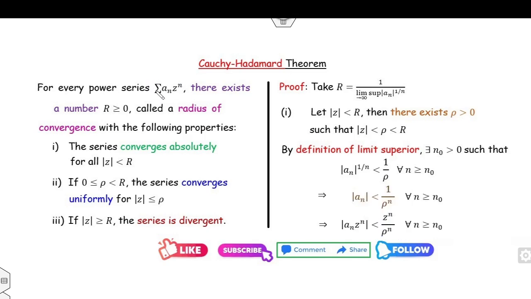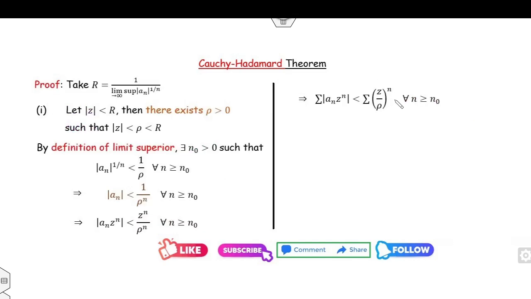Fine. I need a series. I can take the series on both sides. So what does it mean? This is (z over rho) whole raised to n. Now you can see this series, z over rho raised to power n, is my GP series, and we all know when the GP series is convergent.